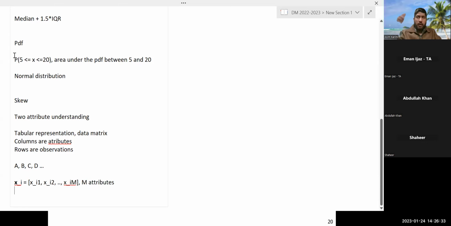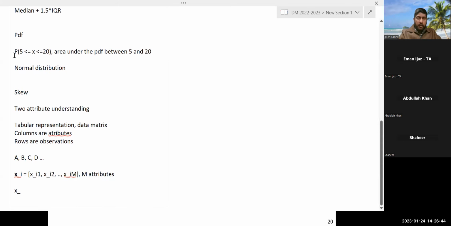We can represent those columns as A, B, C, D as well sometimes, but if you want to use math notation, I will use the second subscript for the column. So for example, x_25.